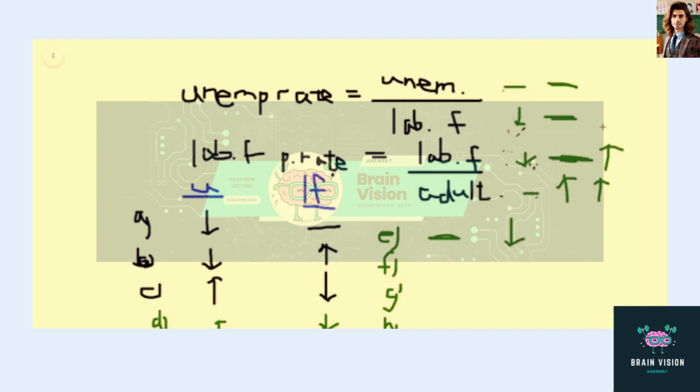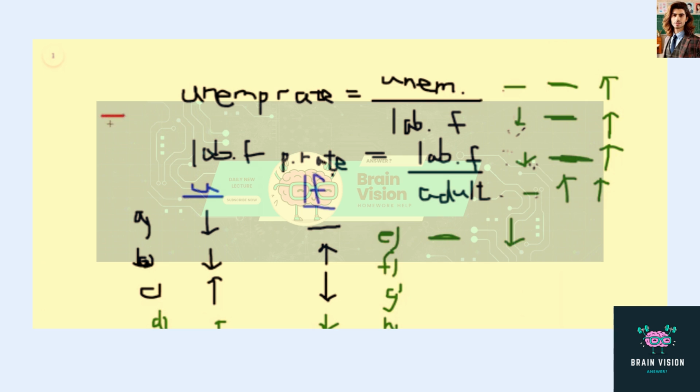And unemployment also goes up because Jamie is now unemployed. So what happens if the unemployed number goes up and the labor force also goes up? Here is a simple way to calculate this.